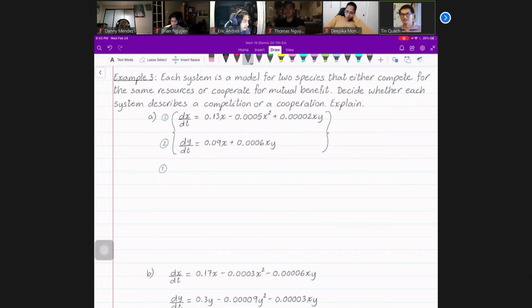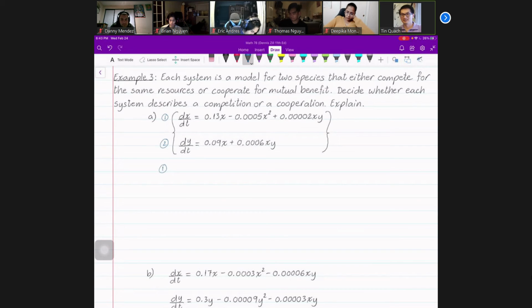So with equation 1, it is dx/dt. So we want to know what happens when y is not there. Not absent, because in this case the y and x interact, and this is a positive term. So what is that telling you?